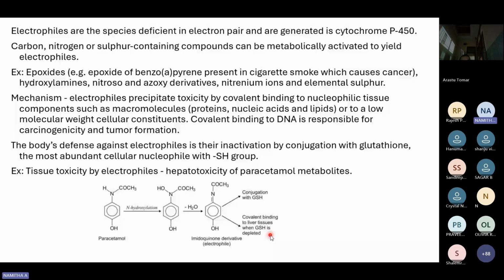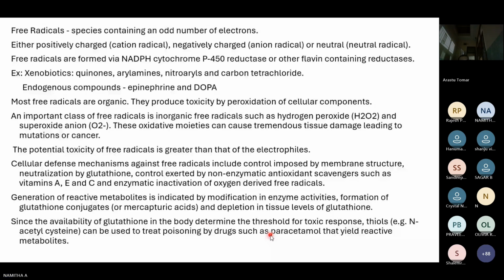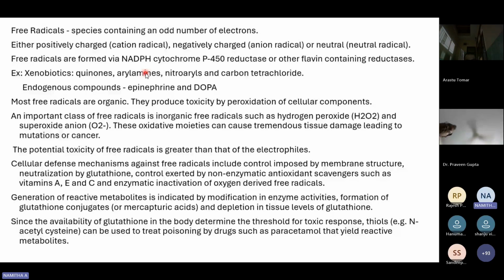Free radicals are species containing an odd number of electrons. They are either positively charged, negatively charged, or neutral. Free radicals are formed via NADPH cytochrome P450 reductase or other flavin-containing reductases. Examples are xenobiotics like quinones, arylamines, nitrosyls, and carbon tetrachloride.